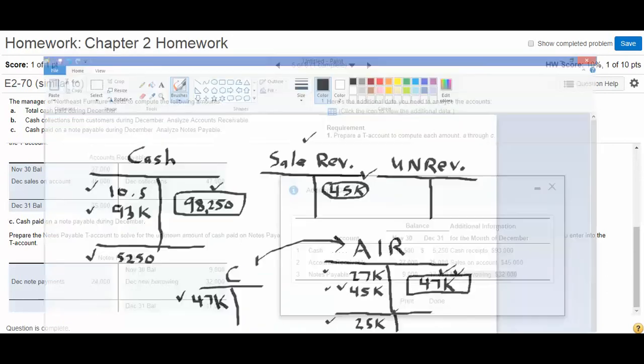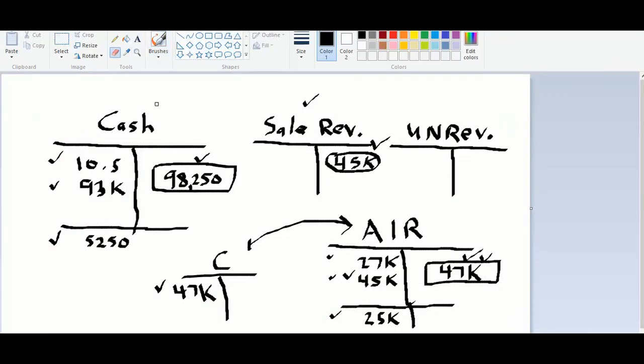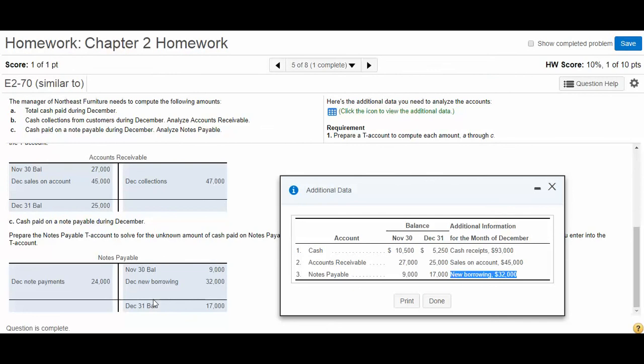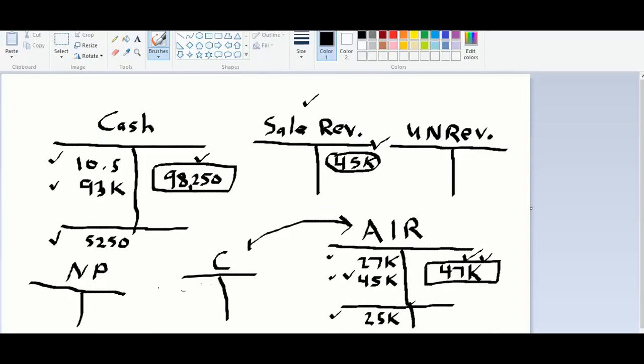Let me go ahead and erase it out. And let's just stick notes payable right here, just for purposes of discussion. Notes payable. You can deduce that what happened with this 24,000, we were given the 32,000, is that the amount of cash paid, you come over here, when cash is paid, it goes down, and we paid 24,000.